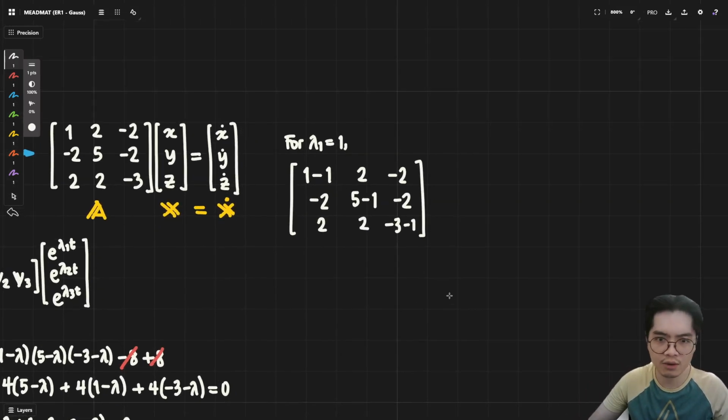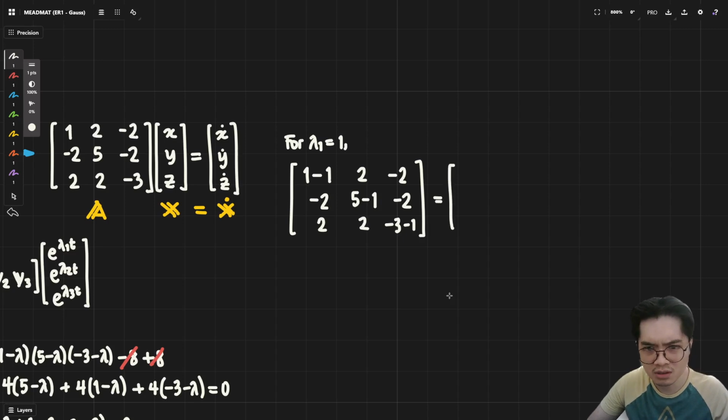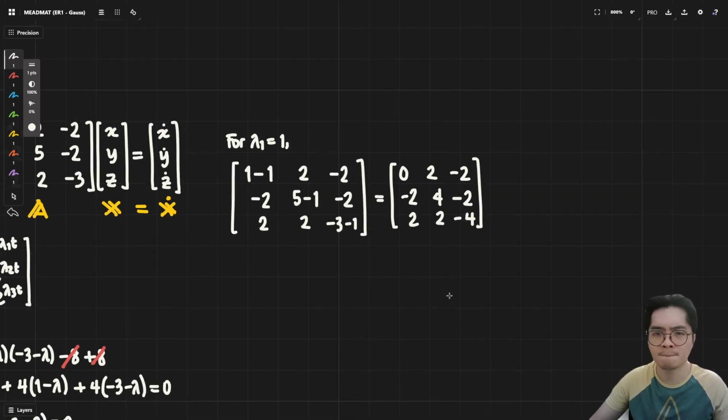Okay, we will now have 0, 2, negative 2, negative 2, 4, negative 2, and then 2, 2, negative 4. What's going on in here, right?